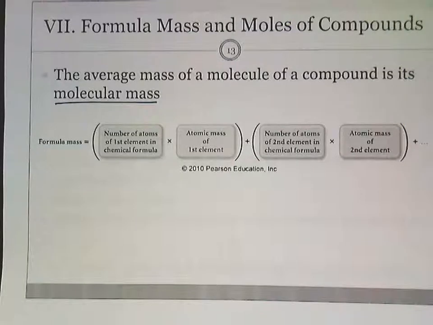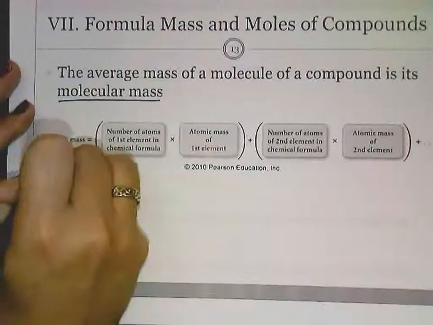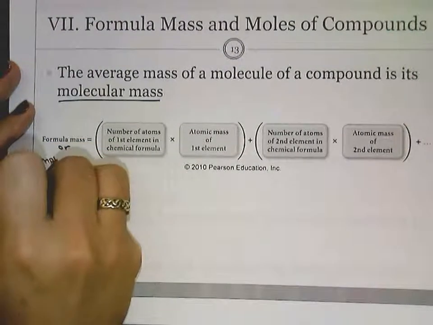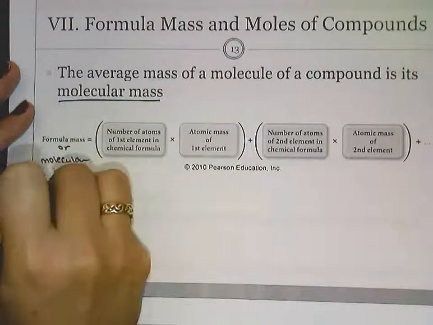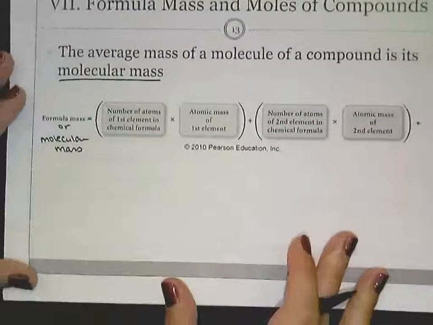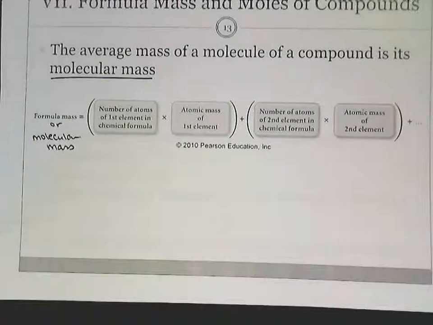The molecular mass or the formula mass, interchangeable, is the number of atoms in the first element times its atomic mass, plus the number of atoms in the second element times its atomic mass. So we'll do one together, then I'll let you guys work on a few practice ones on your own.